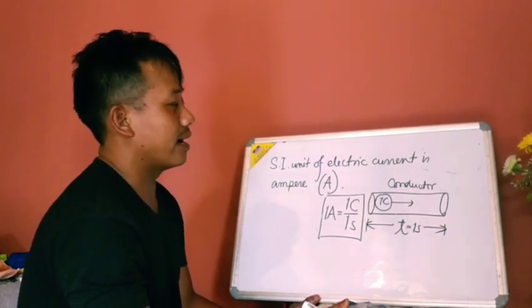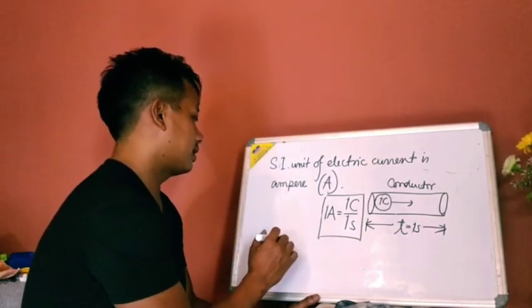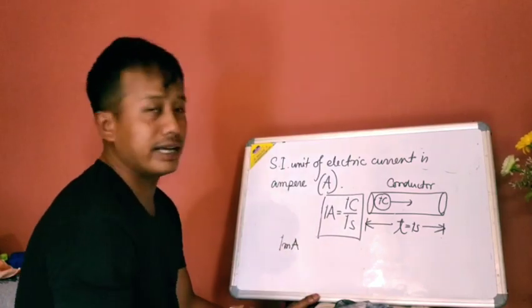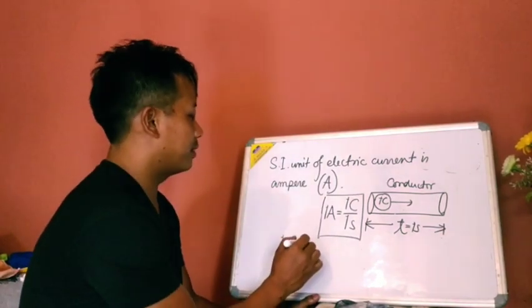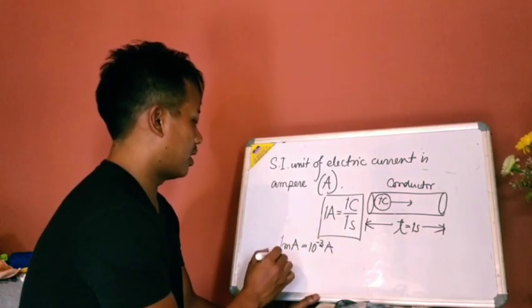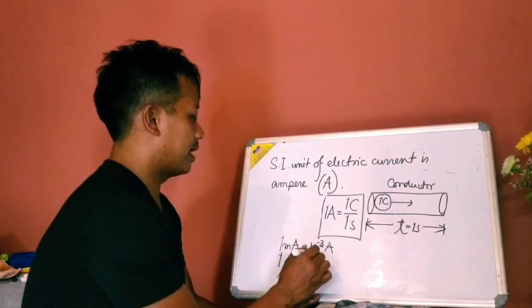Some of the smaller units of current: milliampere, mA, means 10 power minus 3 ampere. 1 microampere is 10 power minus 6 ampere.